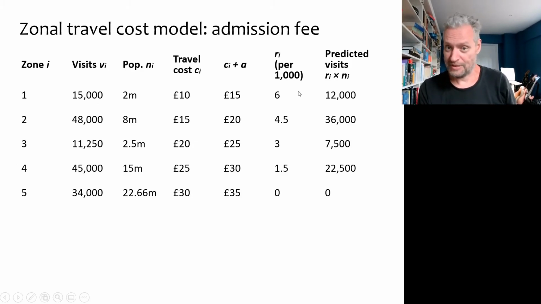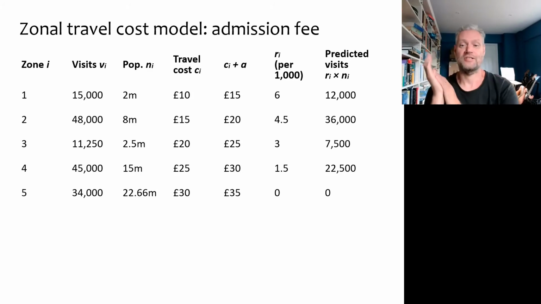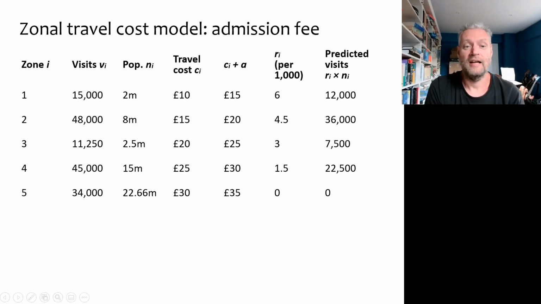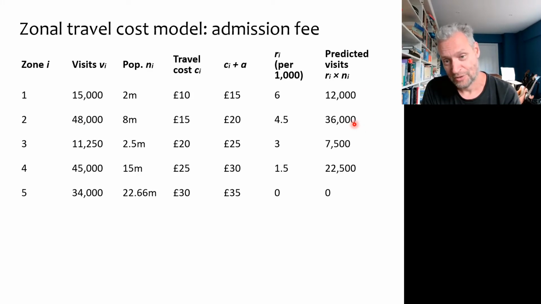And we predict an R, and based on the number of people there, we predict the number of visits. And what we have here is that for zone 1, if we impose a £5 charge per person to visit the park, the number of visits goes from 15,000 to 12,000, in zone 2 from 48,000 to 36,000, and so on and so forth.